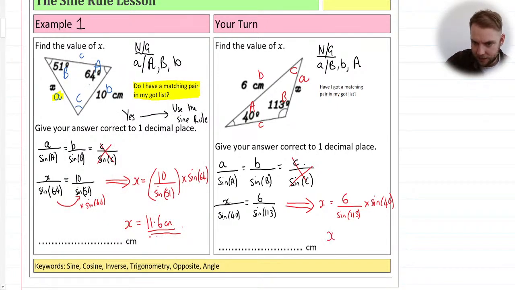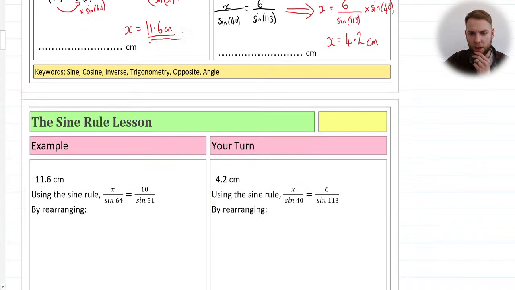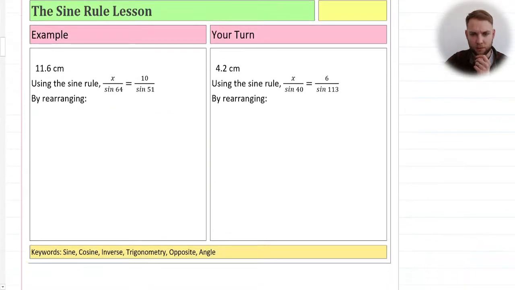So X is equal to 4.2 centimetres. Brilliant. Well done to everybody, got that right. Alright, so there's our two answers for those.